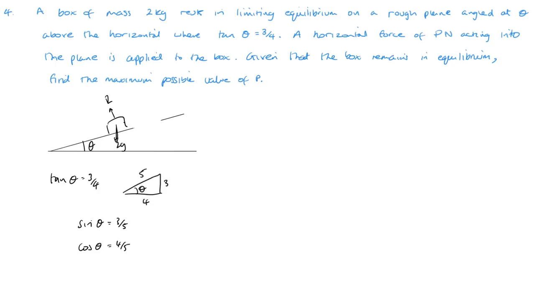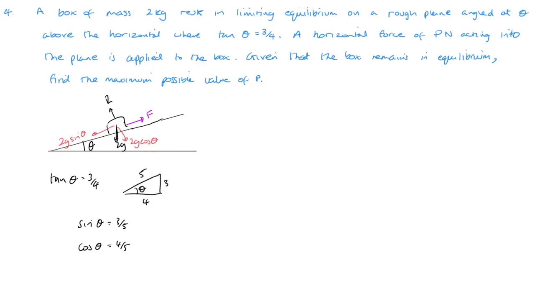So let's start off with, before P acting on this box, and we've got 2g sine theta and 2g cos theta. And so friction will be acting up the slope, like so.